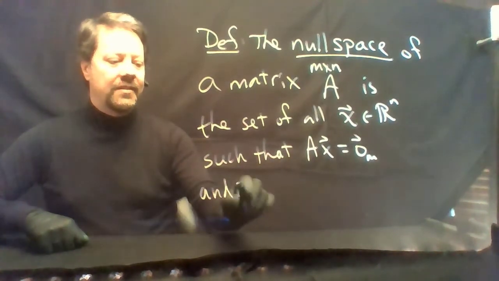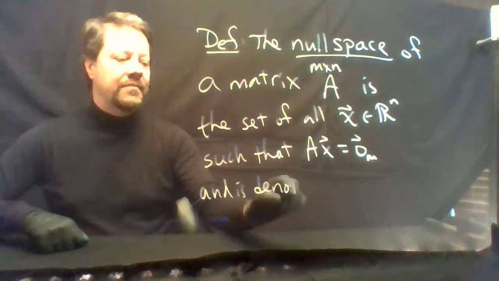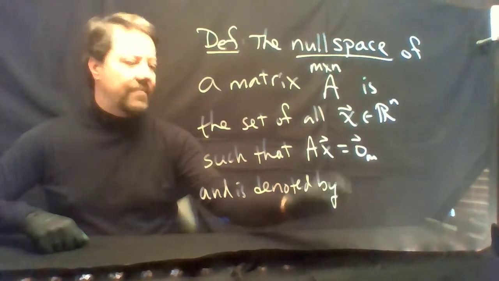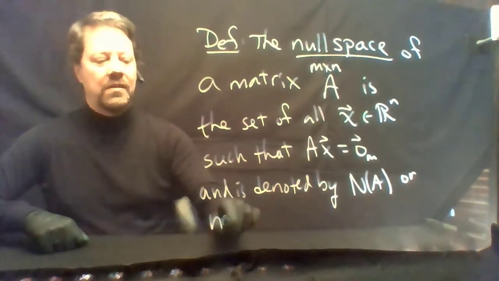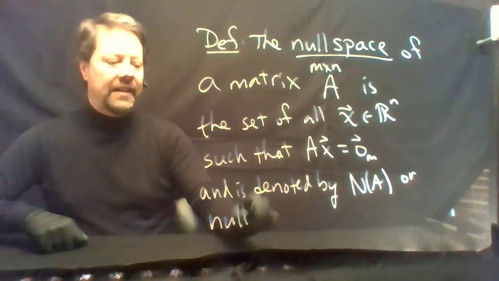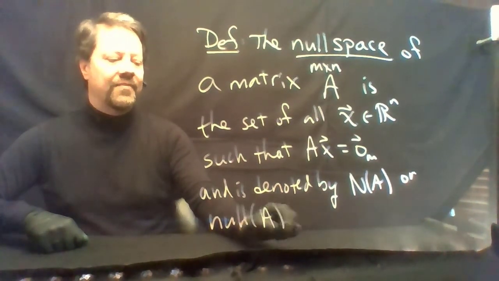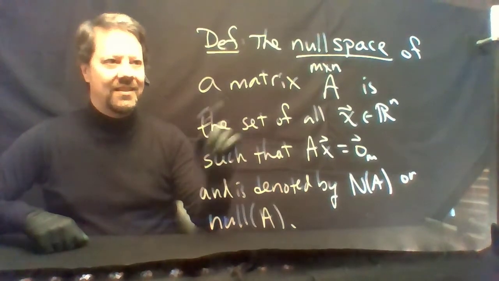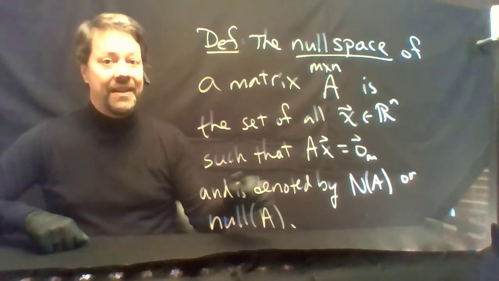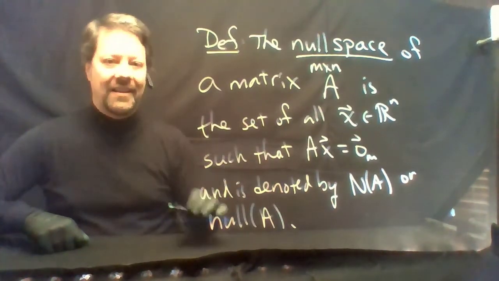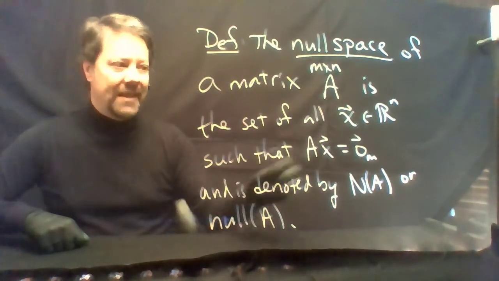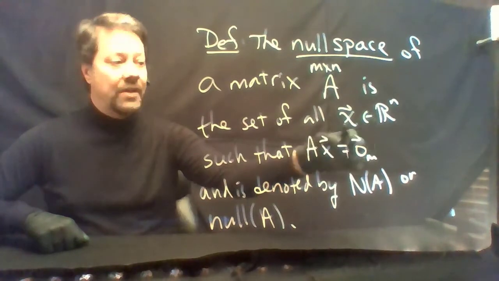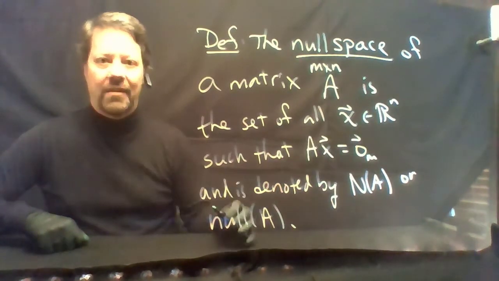And it is denoted by either N of A or, more descriptively, null of A. Now, the definition does not say specifically that the null space of A is a vector subspace of Rn. Surely it's a subset of Rn.